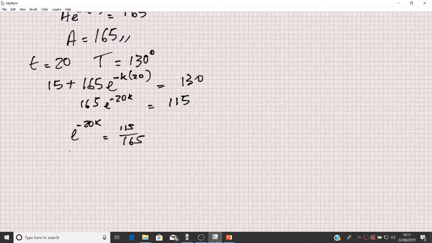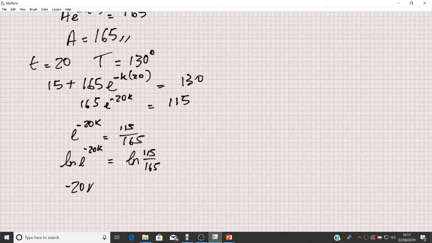And like in the first example, I'm going to take ln of both sides. So ln e to the minus 20k equals ln 115 over 165. And I bring down the minus 20k.